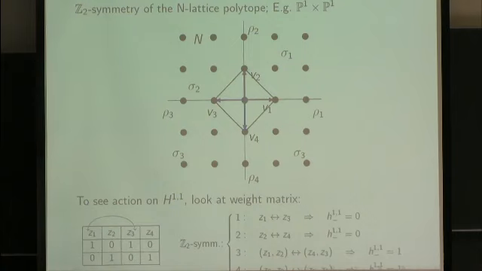Because first of all, we see here that the involution that maps Z1 into Z3 does not change the class, because Z1 and Z3 lie in the same Kähler class. So for this involution, H^{1,1}_- is 0.